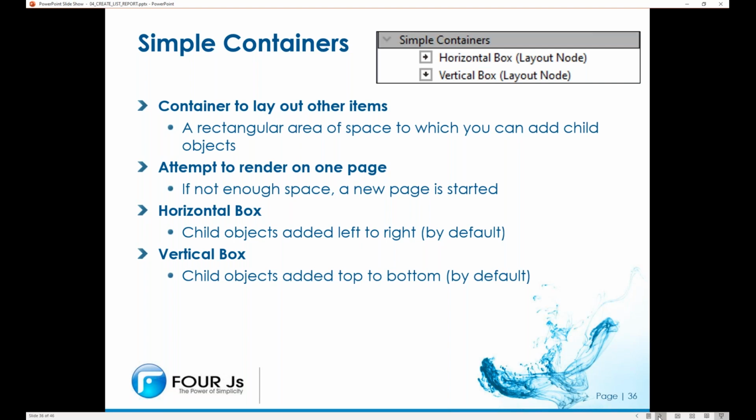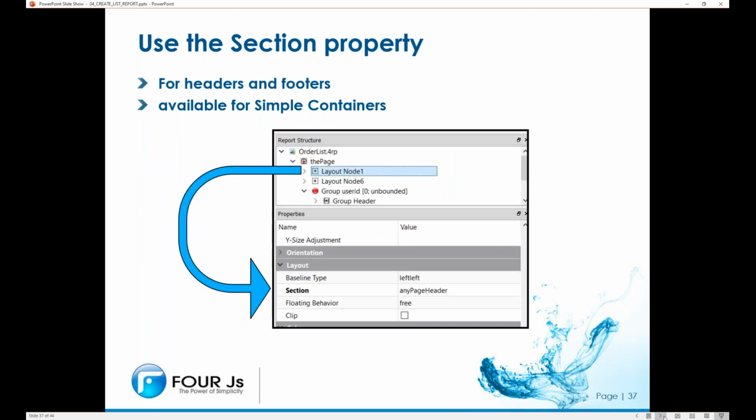What the layout node has that a propagating container does not have is a section property. The section property is where you get to go in and define if this layout node is meant to be a header or a footer.